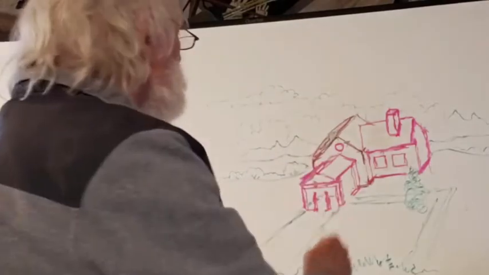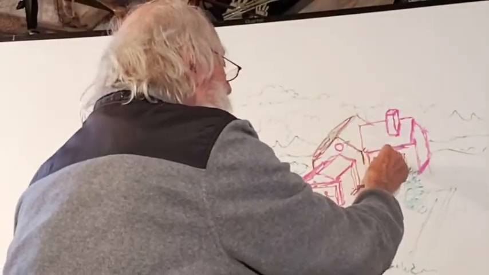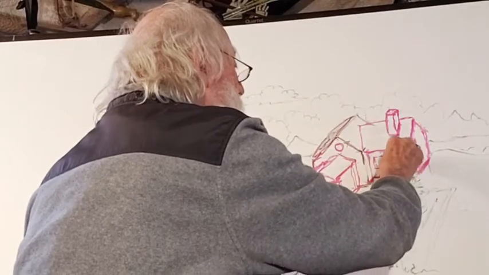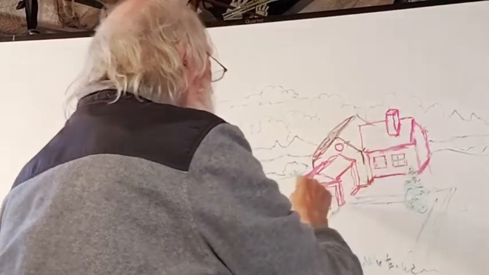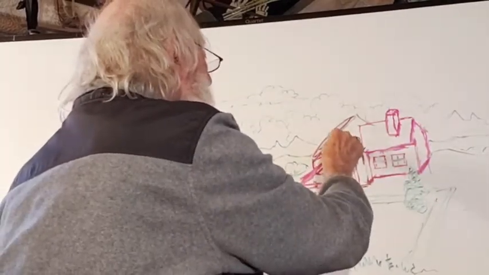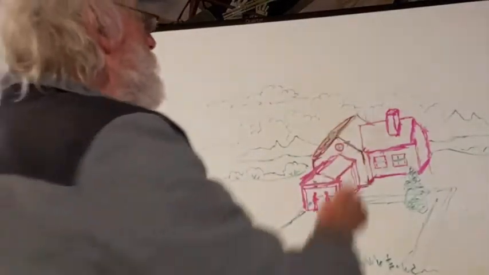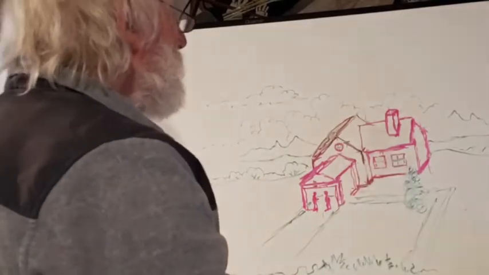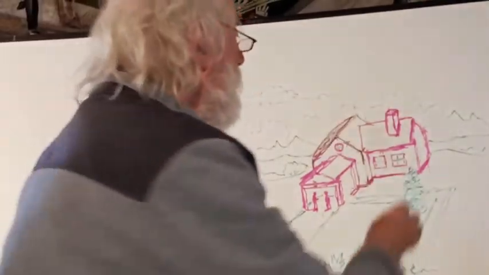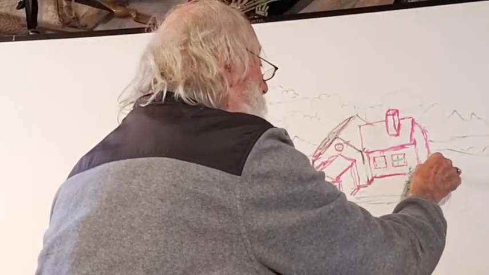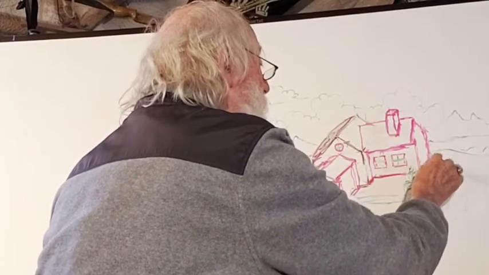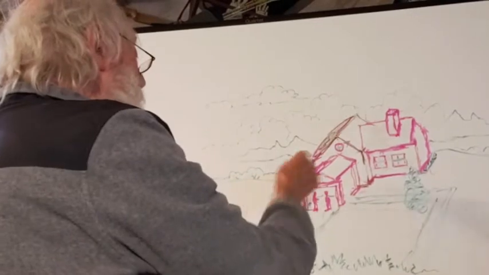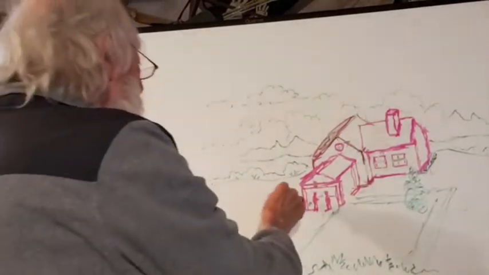So this kind of gives you a hint, and you could come back in with some detail like this, putting the windows like so, maybe a little cross thing there, maybe this, so it can go on and on and on. Maybe there could be a little planter across over here with flowers and stuff growing along that edge. You can spruce it all up.